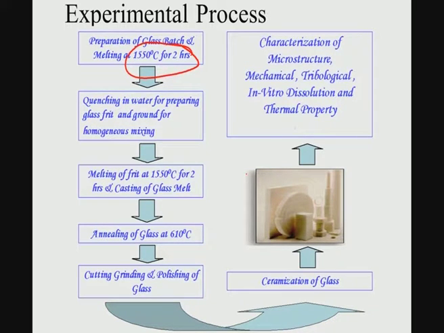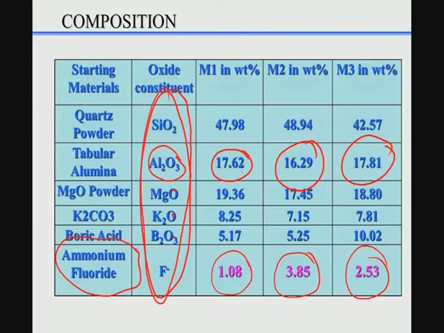Why is this additional melting required? Let me emphasize it again, it is a multi component oxide based glass. Okay? It has not only silica, but alumina, magnesia, potassium oxide and boron oxide also, and their amount is not negligible, it is a large amount.